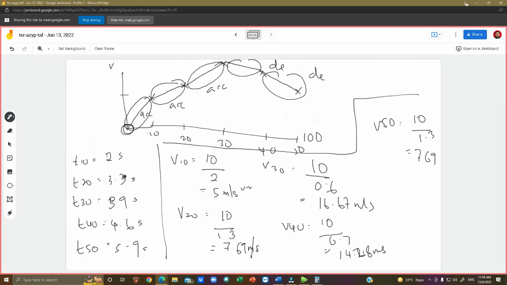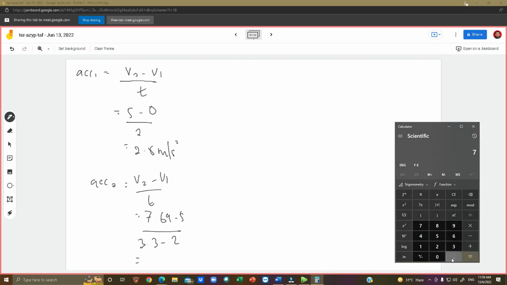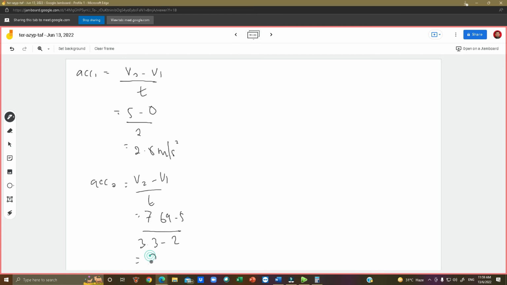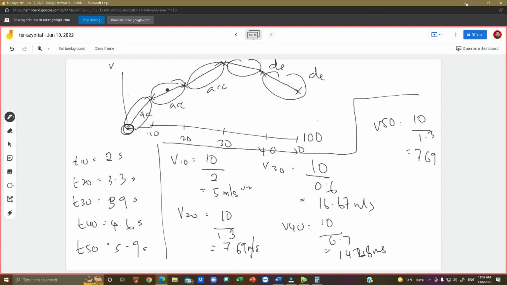What is the second section? 3.3 minus 2, 1.3. So what do we get? 7.69 minus 5 divided by 1.3 gives 2.07. Correct. Okay, so here we have proven it: this one is steeper than this one. This one is 2.5, this one is 2.07 in terms of acceleration.